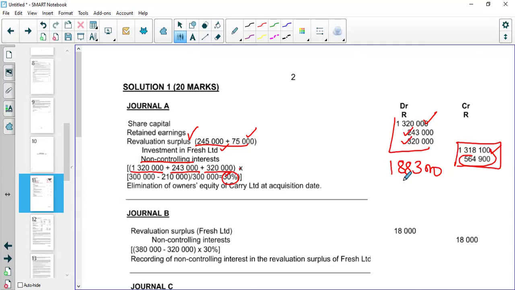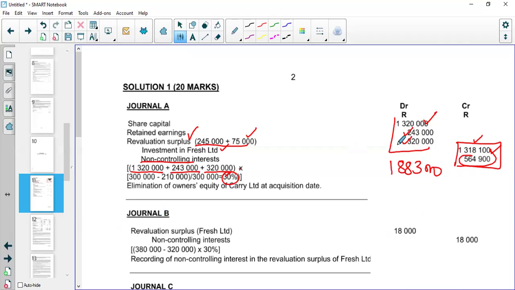So I have 1320123 plus 243 plus 320. So I get 1883. Then on my credit side, I get 1318100 plus 564,900. So I also get 1883.